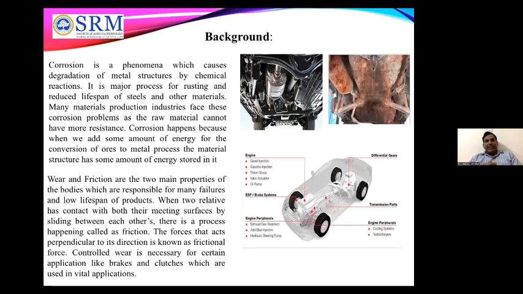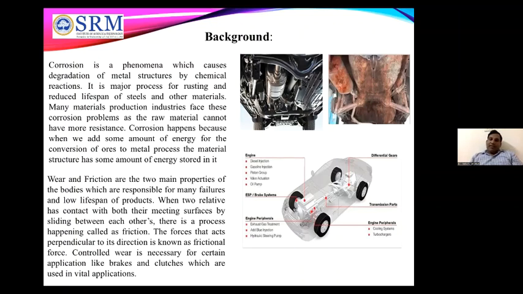It is a huge phenomenon that occurs in automotive bodies, in the automobile sector, then wind turbine sectors, hydro turbine sectors, and nuclear reactors. Corrosion is very important to study, and how to reduce it. Like you can see here, below the car, due to rain or dust, and in the rainy season, the body corrodes very fast.